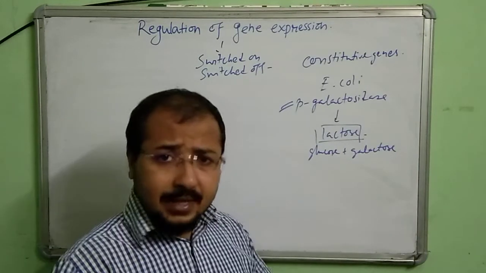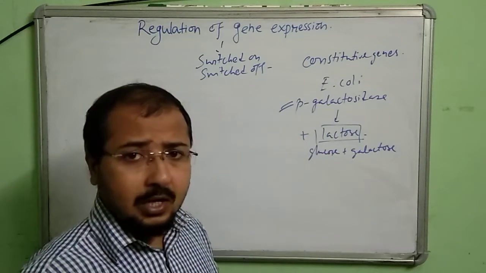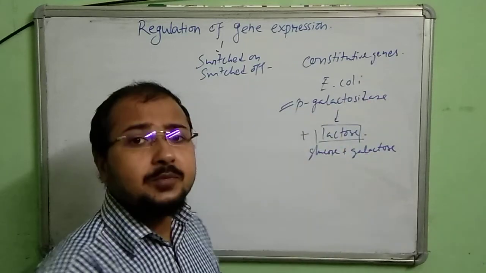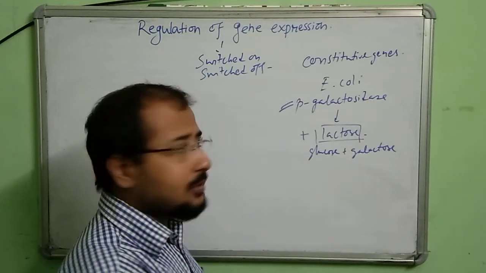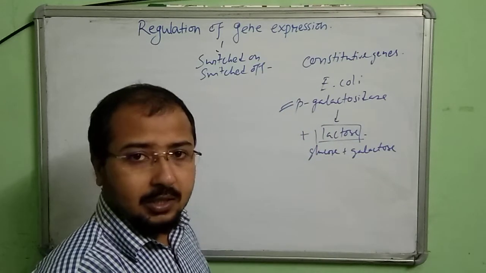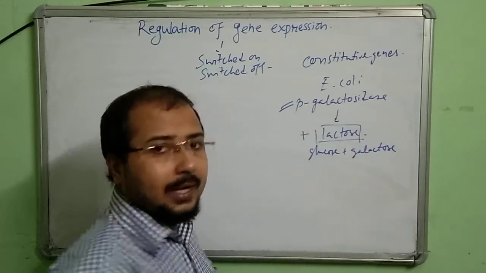When lactose is present in the cell of this bacteria, the specific gene responsible for the production of beta galactosidase is switched on, and then the enzyme is produced and further breaks down the lactose.